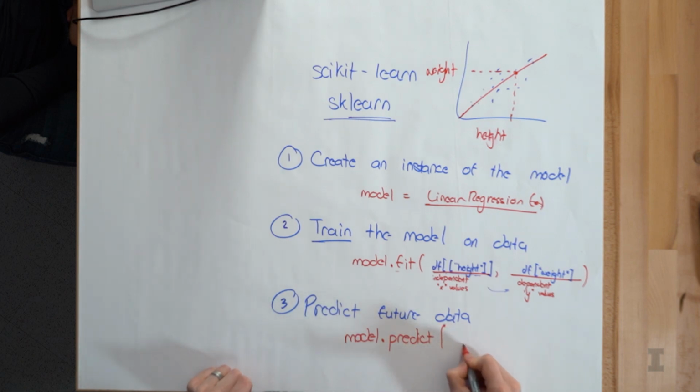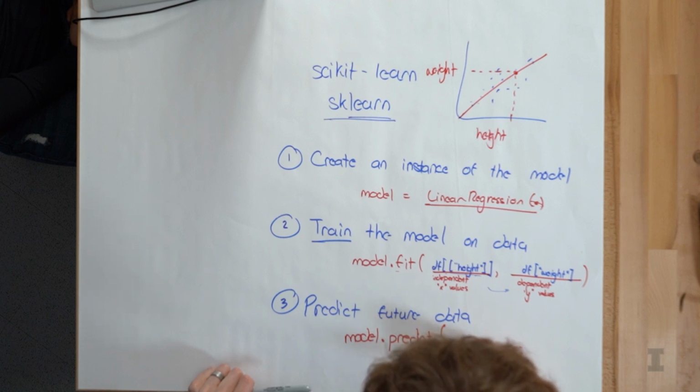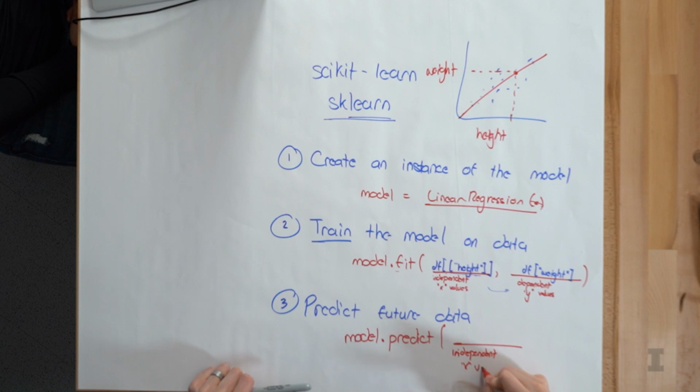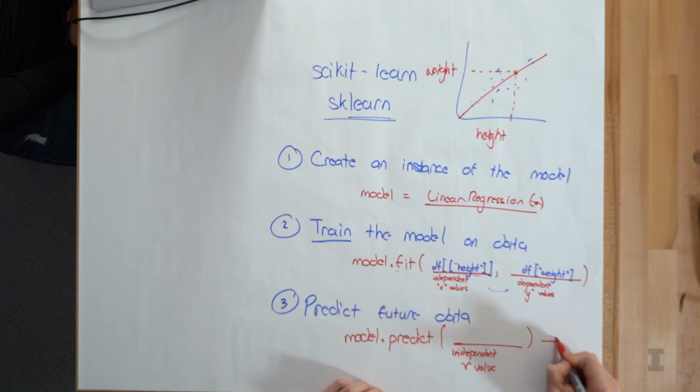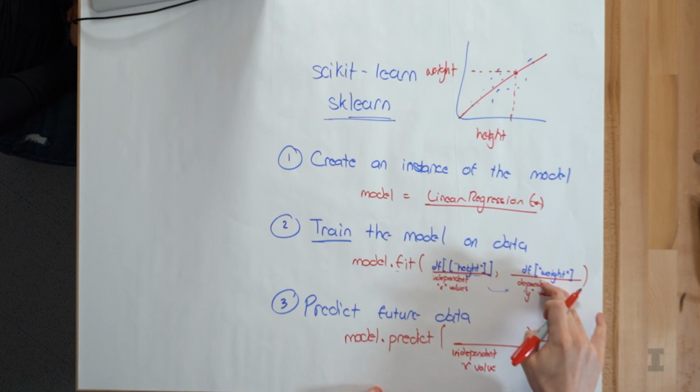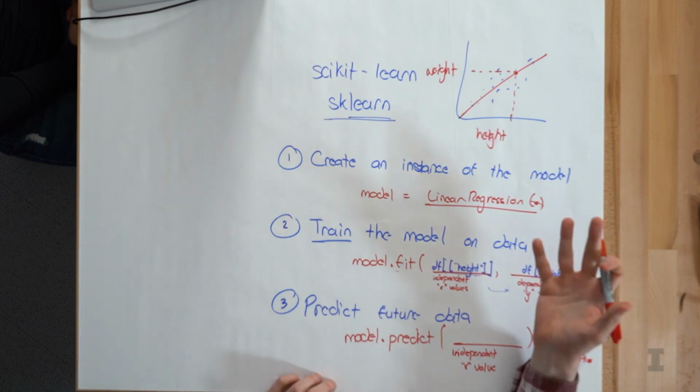And then I'm going to give the independent or x values inside of the parameter inside of predict. And that's going to then return the dependent predictions. So you're never going to have to give a dependent variable because that is exactly what the model is predicting.